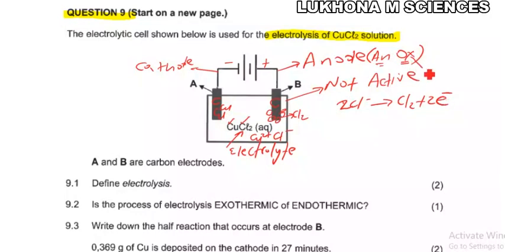Therefore the electrons will be at the end, because in An Ox the electrons will be on the product side. So let's come to this one. Here we say Red Cat, meaning that reduction will take place at the cathode.